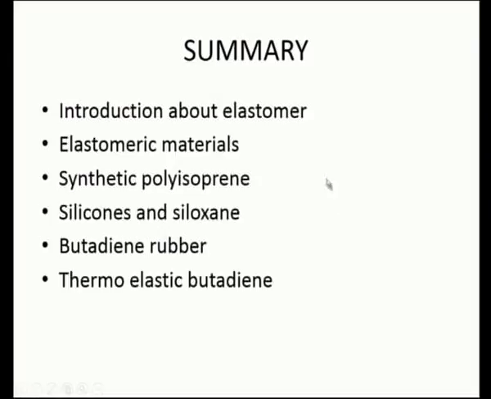We studied the introduction to elastomers, and elastomeric material, also known as rubbery material, in detail. Synthetic polyisoprenes, which are similar to natural polyisoprene, have some drawbacks and advantages that we studied. Silicones and siloxanes, which are organic-inorganic hybrid elastomeric materials, we also studied. Butadiene rubber, butadiene and styrene copolymer, and thermoelastic butadiene we studied in detail.